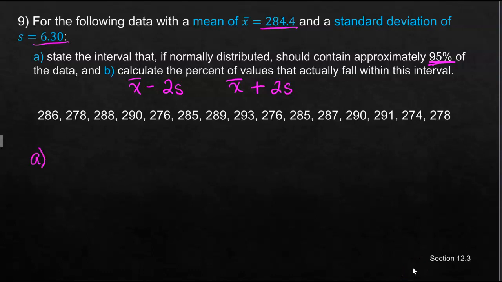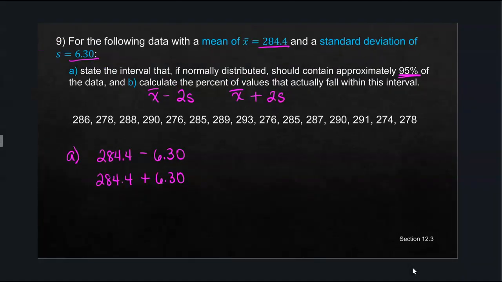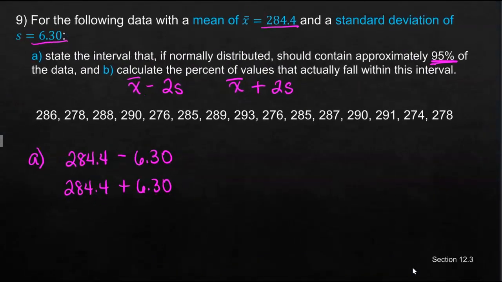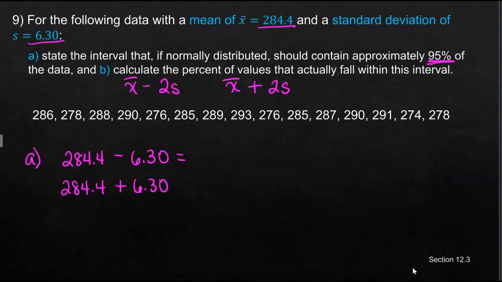For part A, we're going to take 284.4 and subtract 6.30, and we're also going to add 6.30. So when we subtract, we get 271.8, and when we add, we get 297.0.